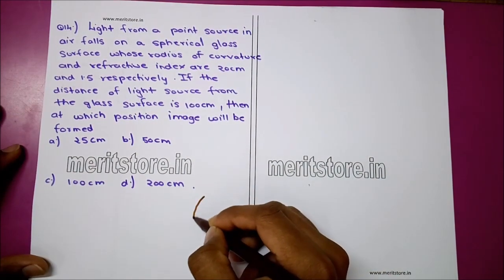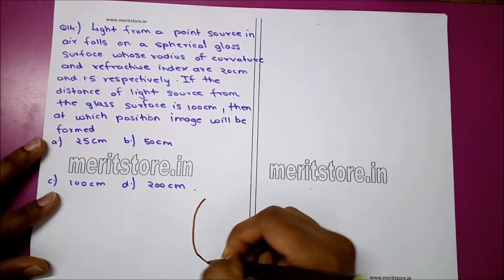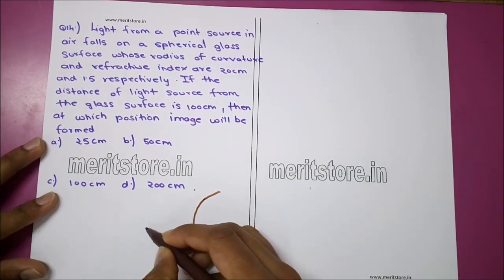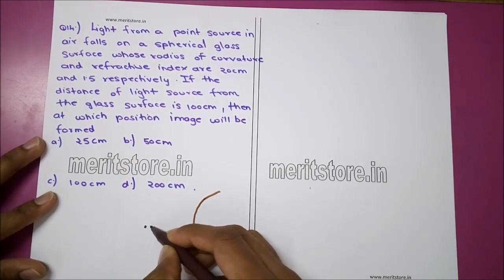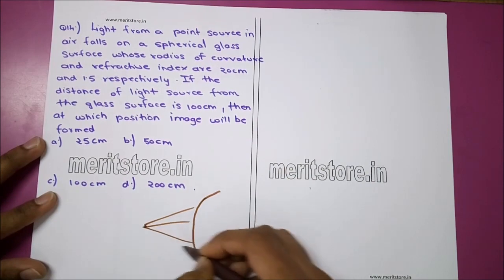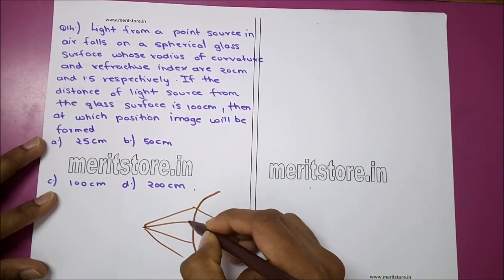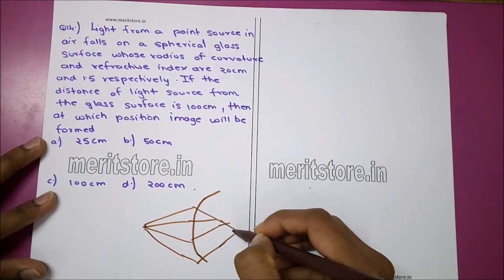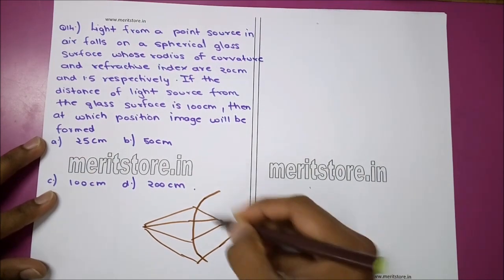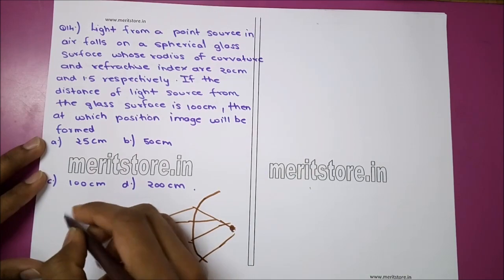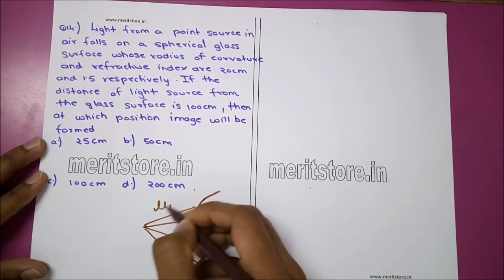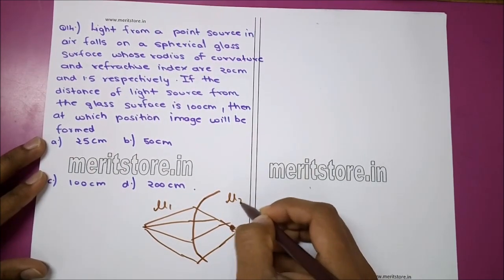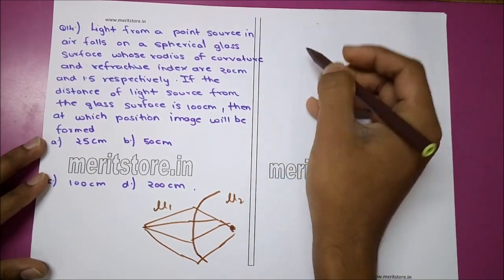So basically there's a glass and there's an object over here. Due to the curvature of the glass, the image is formed inside the glass. Hence there are two mediums involved: medium 1, mu1, which is air, and medium 2, which is glass.